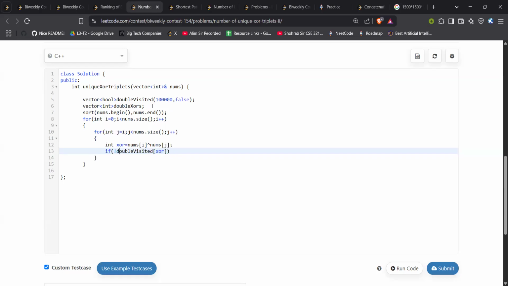I'm writing like this. The idea is double XOR is not going to be that long, you know? Also XOR is having green.